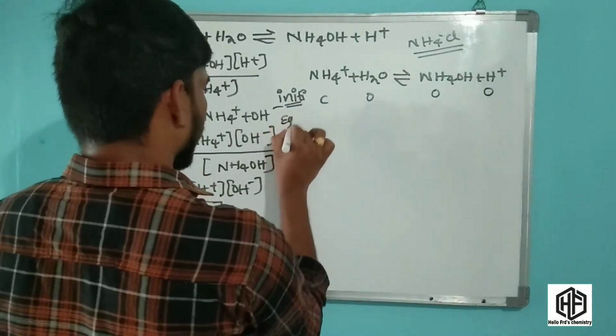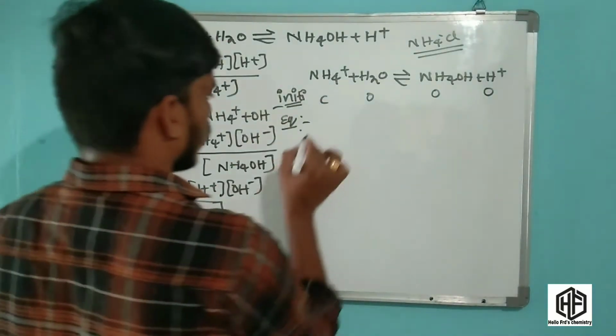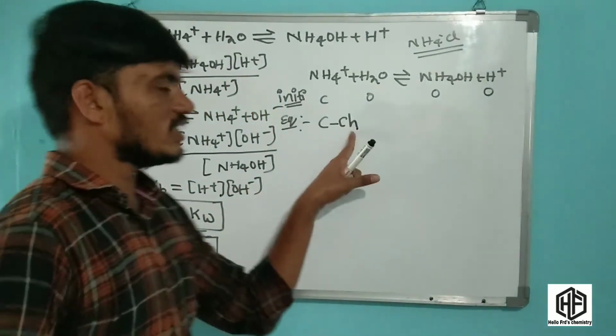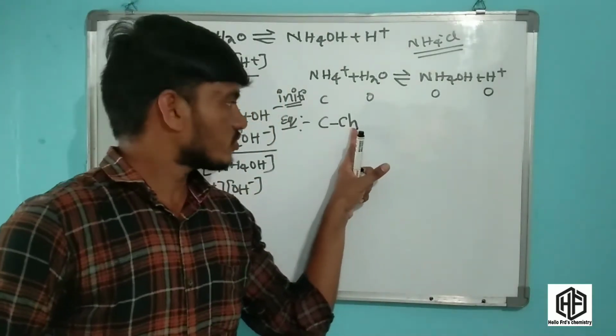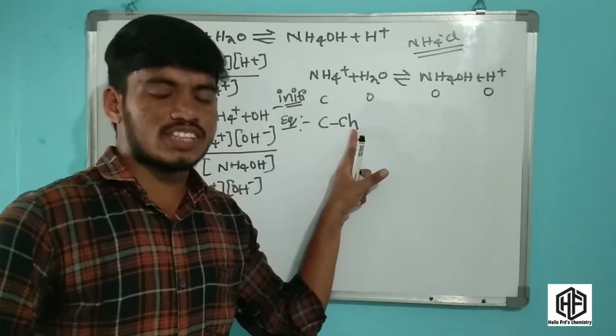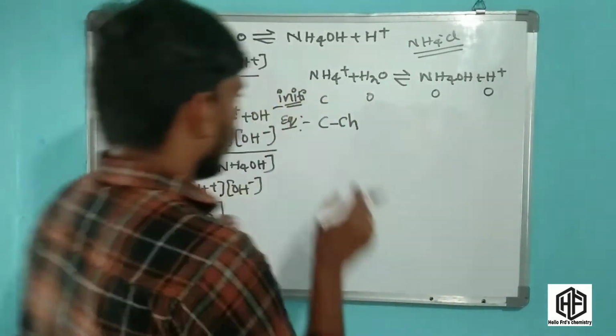Now at equilibrium, what happened, friends? At equilibrium this NH4 plus ion concentration is C minus Ch. Now what is h, friends? h is the degree of hydrolysis. Already you know that in my previous class I discussed degree of hydrolysis. Now this is C moles.